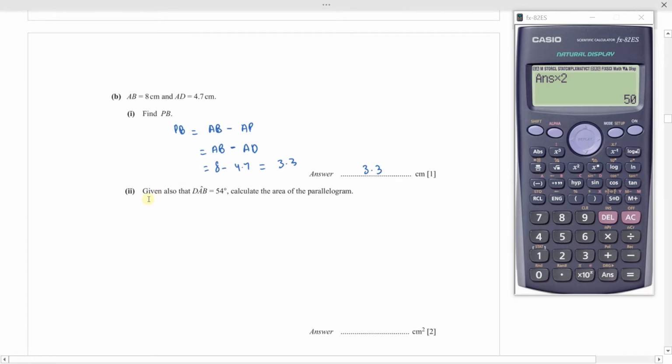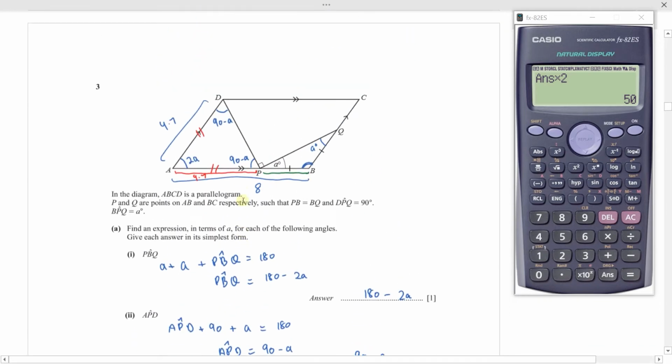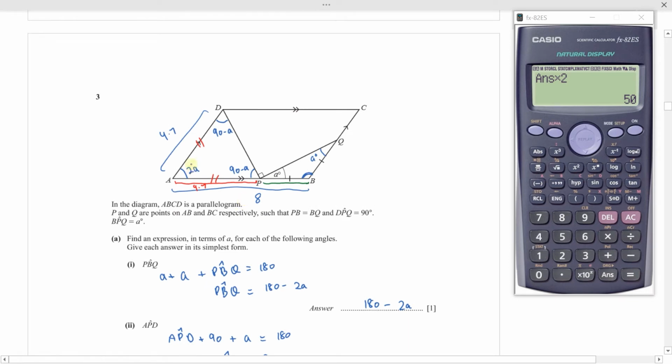Part 2: it is given also that DAB equals 54 degrees. Calculate the area of the parallelogram. So this angle DAB here is now 54 degrees. Let me in fact erase this. So now you're given this angle here is 54 degrees.